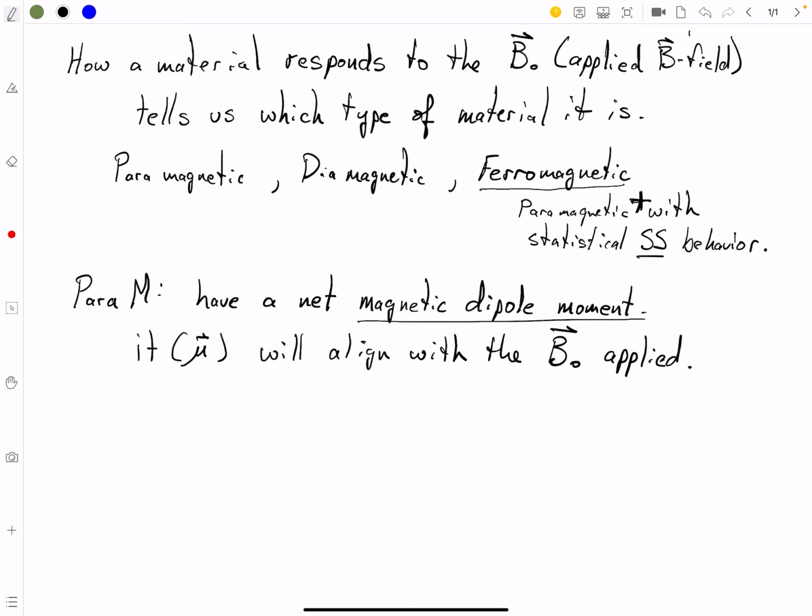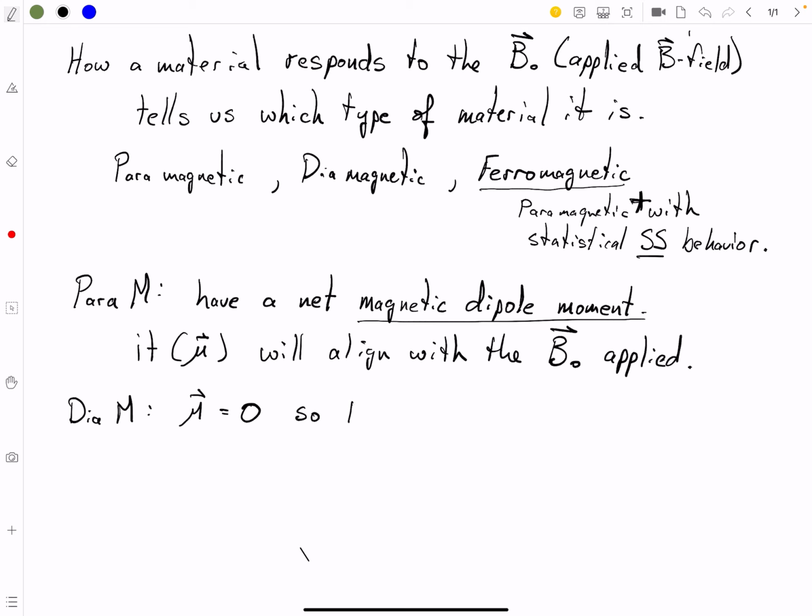So, magnetic dipole moment. So, the mu will align with the B not applied. Let's quickly dispel diamagnetic. Okay, we're going to run over diamagnetic real quick. So, diamagnetic. These guys have no mu, so mu equals 0.